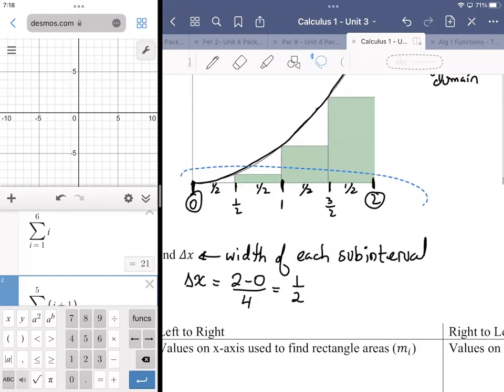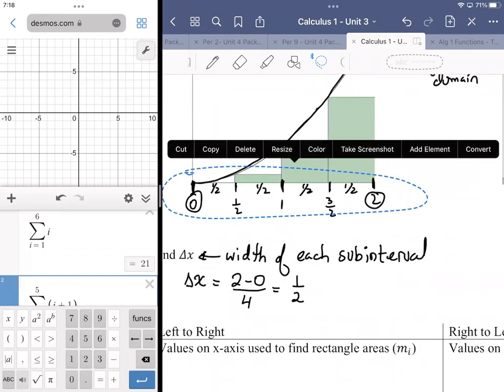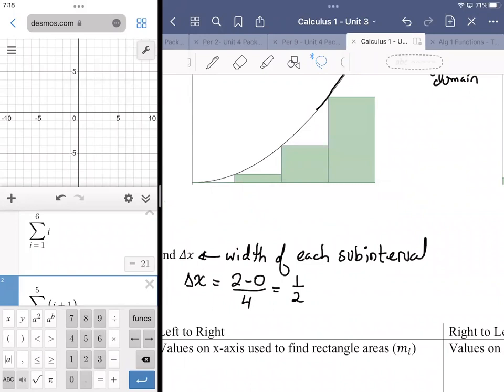We could start at the beginning of whatever interval that we want, and every 1/2 unit, we could plot a point on the curve. And that point could be the upper left-hand point on a rectangle that could be used to approximate the area below the curve.